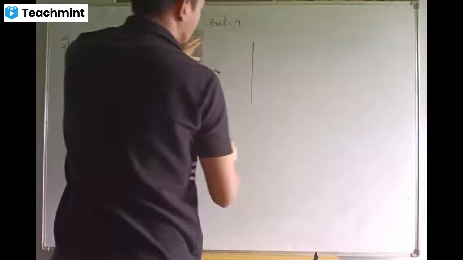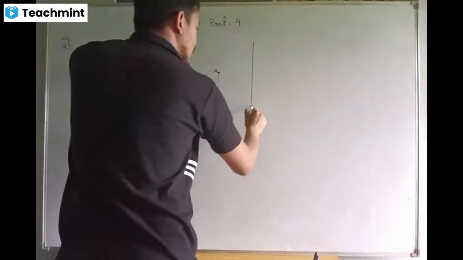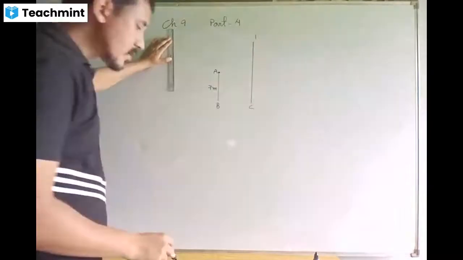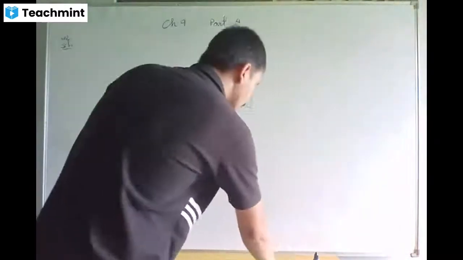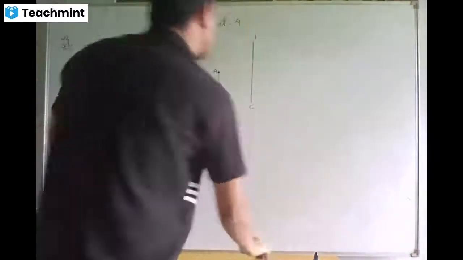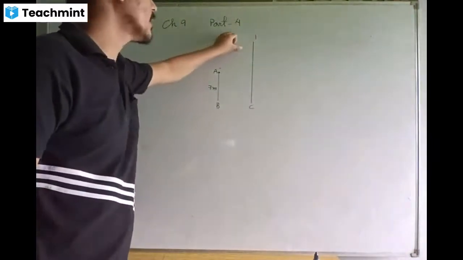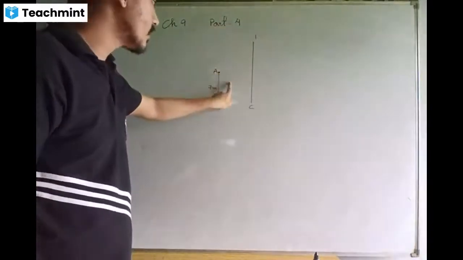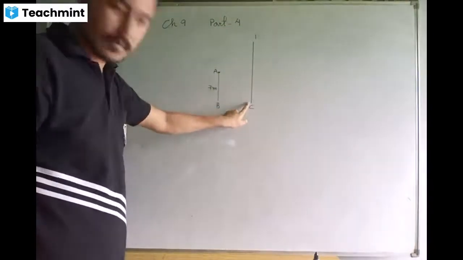Let's say that CD is the tower. Now what is this observer doing? In the first case, he is looking up at the top of the tower, and then he looks down at the bottom of the tower.